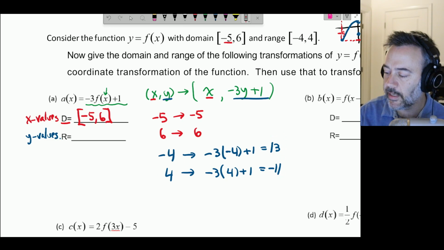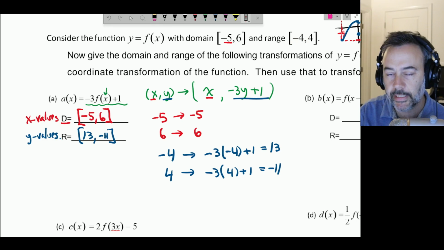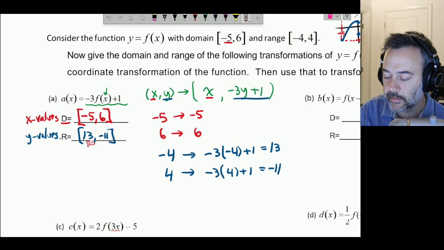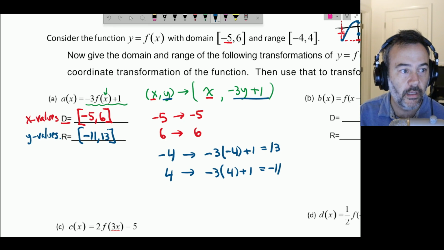So the most common error that students will make is they will just write 13, negative 11 like this, because negative 4 was on the bottom and that became 13, so they'll put it here. But that doesn't make any sense, because you can't have the greater number on the left and the lesser number on the right. So I'll fix that. This is negative 11 and 13. Okay, that's it.